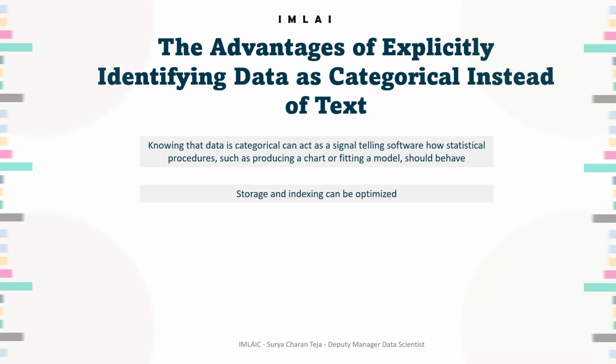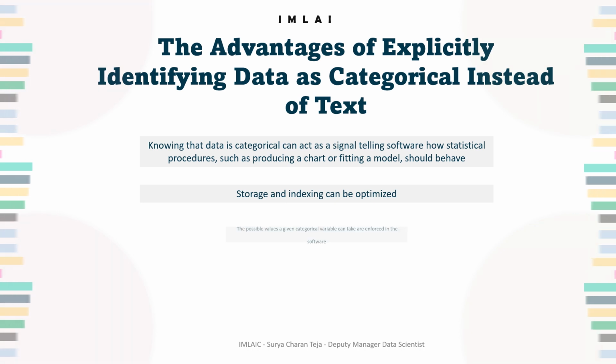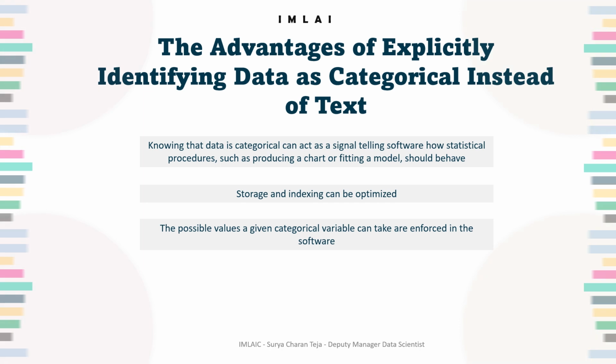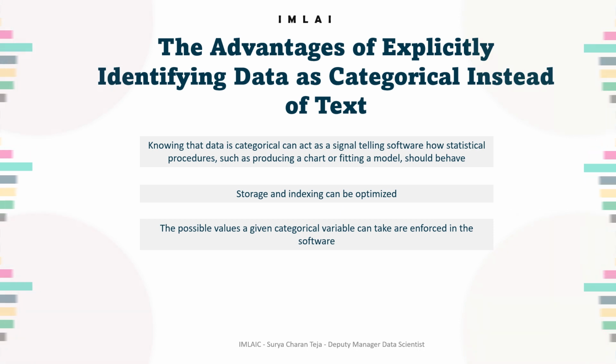The second advantage is that storage and indexing can be optimized, as in a relational database. And the third one, the possible values a given categorical variable can take are enforced in the software, like an enum. The third benefit can lead to unintended or unexpected behavior.